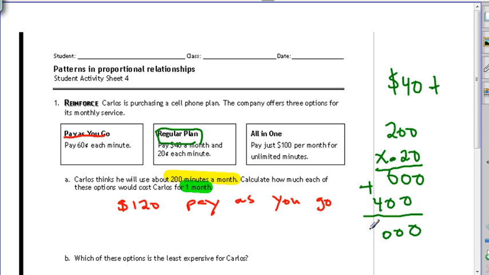And again, because 0.20 is 20 cents, I have to make sure my number has 2 numbers behind its decimal. So remember, I have $40 from the plan, and then I found with the 200 minutes times 20 cents, it's another $40. So I have to add $40 plus $40. So for the regular plan, it's going to be $80.